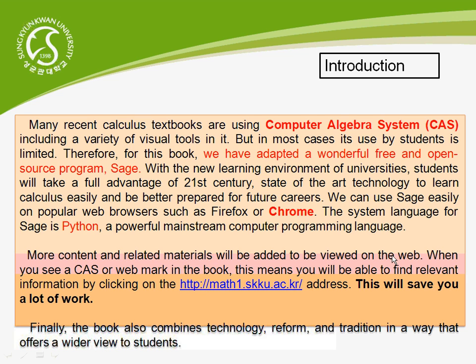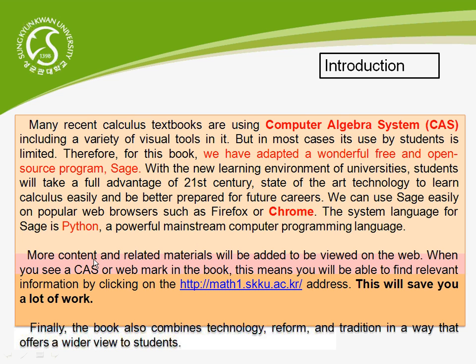MIT taught C++ for many years to all students as a mandatory course, but now they do not teach it anymore. They now only teach Python. Sage uses the Python language.